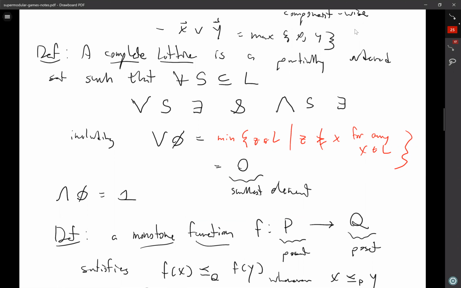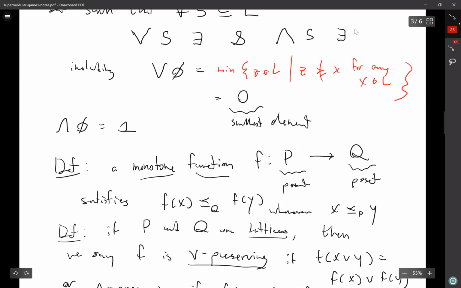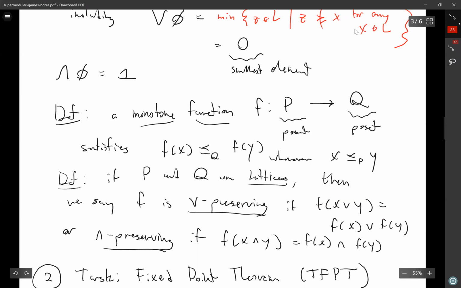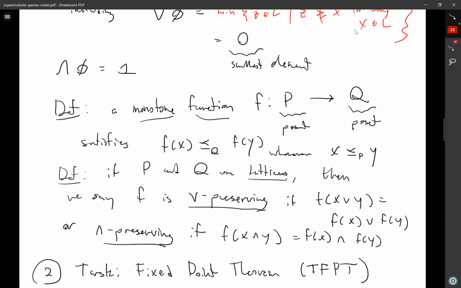If you think about it, the least upper bound of the empty set is going to be the smallest element of the lattice, and the greatest lower bound of the empty set is going to be the largest element of the lattice. We also consider functions between posets and lattices, and they are distinguished by preserving the structure of either a poset or a lattice.